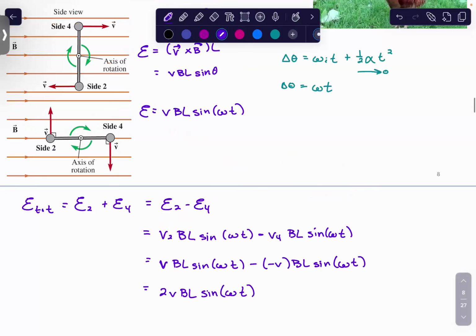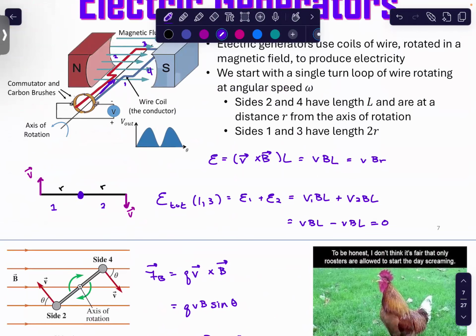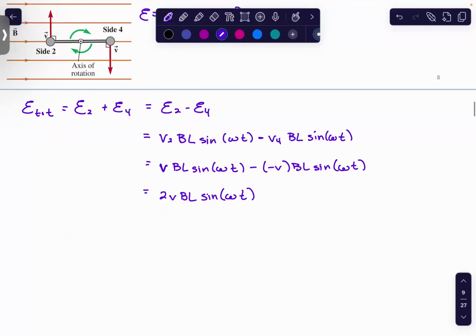Let's see. So this generator, if you look, has sides of 2R and L. I did something in my notes. I'm not sure. Hang on.